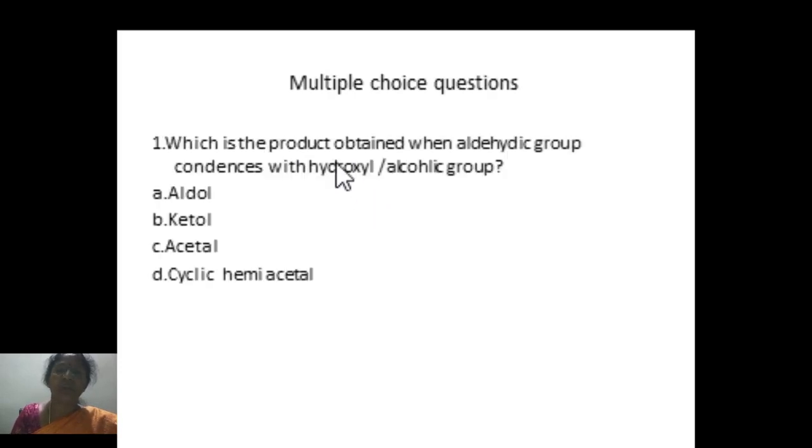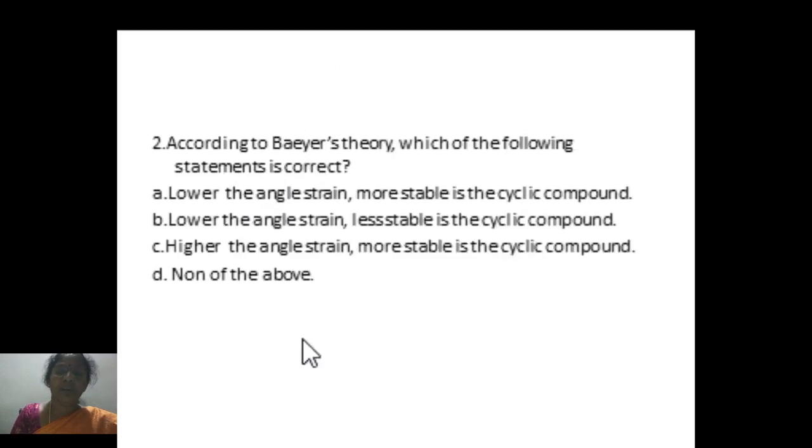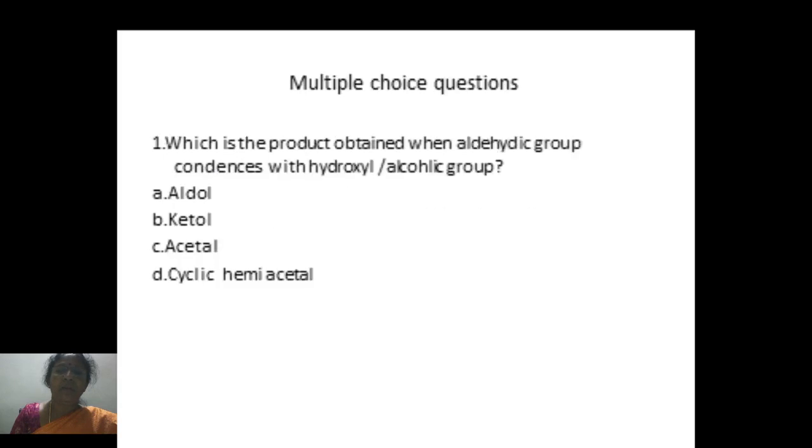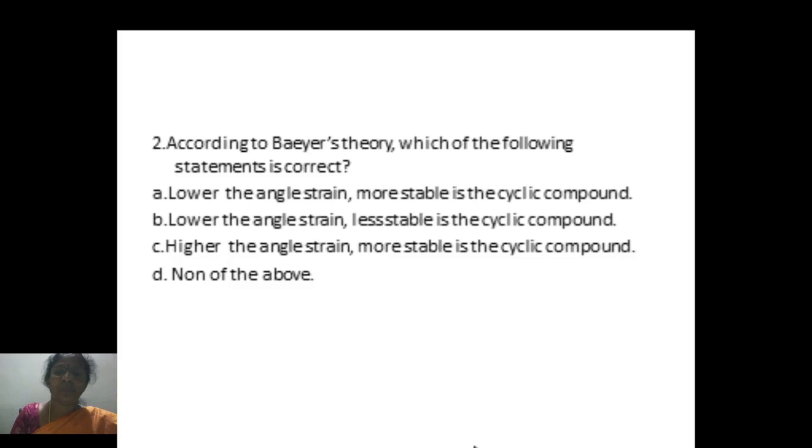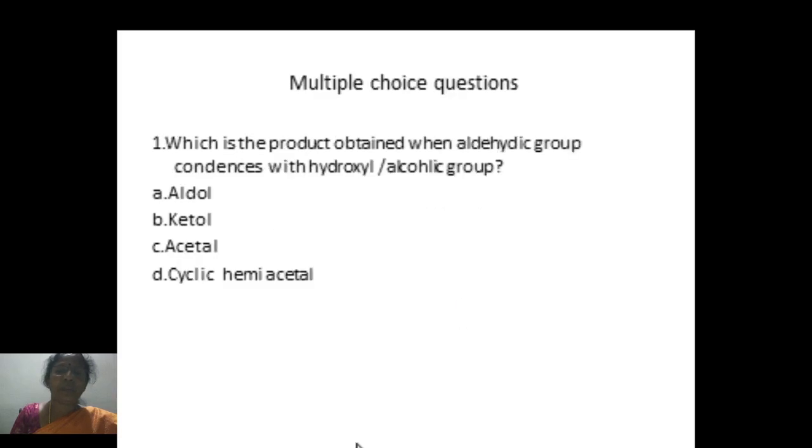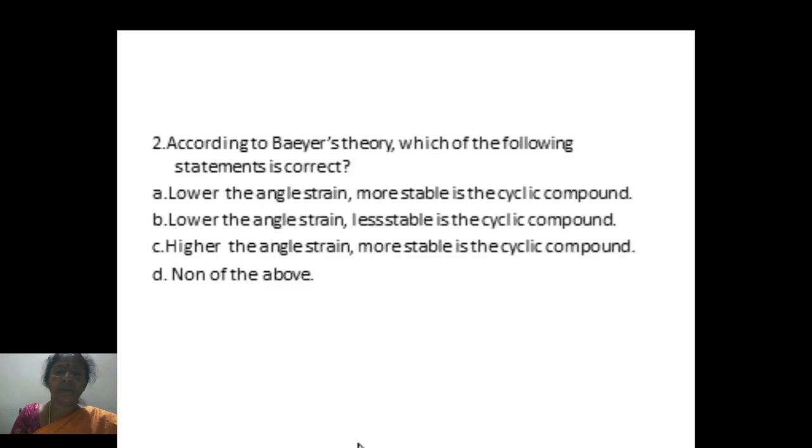Now coming to multiple choice questions. Question number 1. Which is a product obtained when aldehydic group condenses with hydroxy or alcoholic group? It is cyclic hemiacetal. Second question.